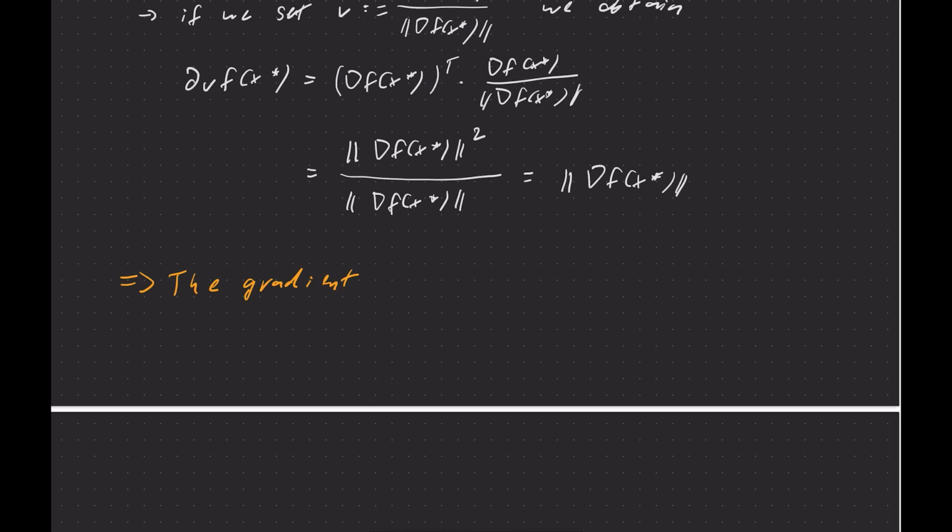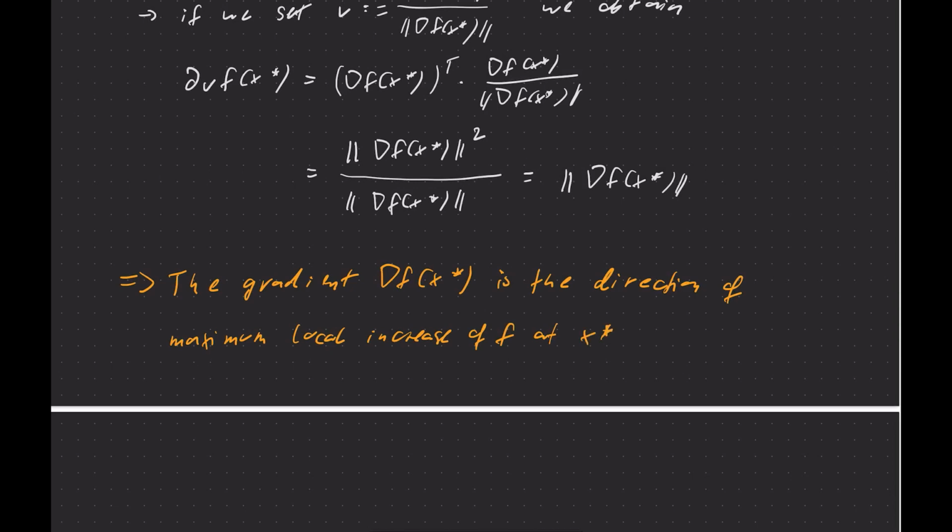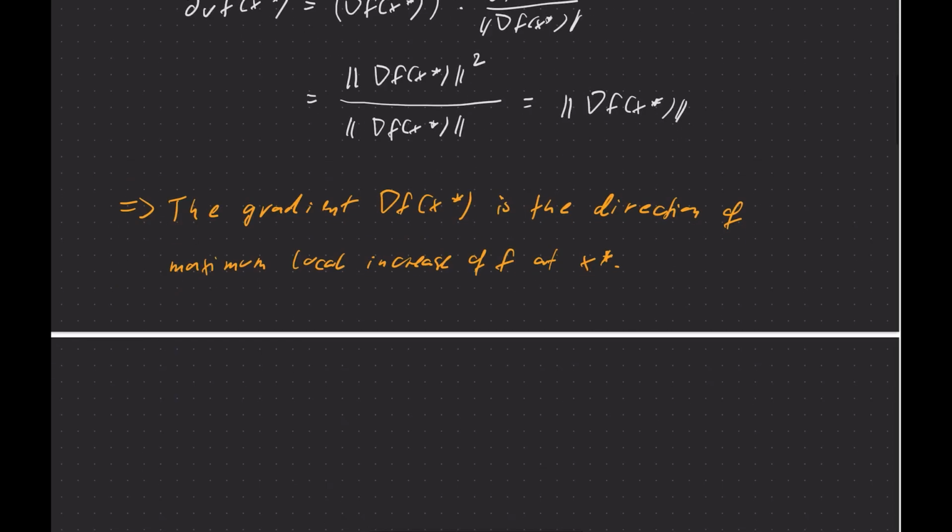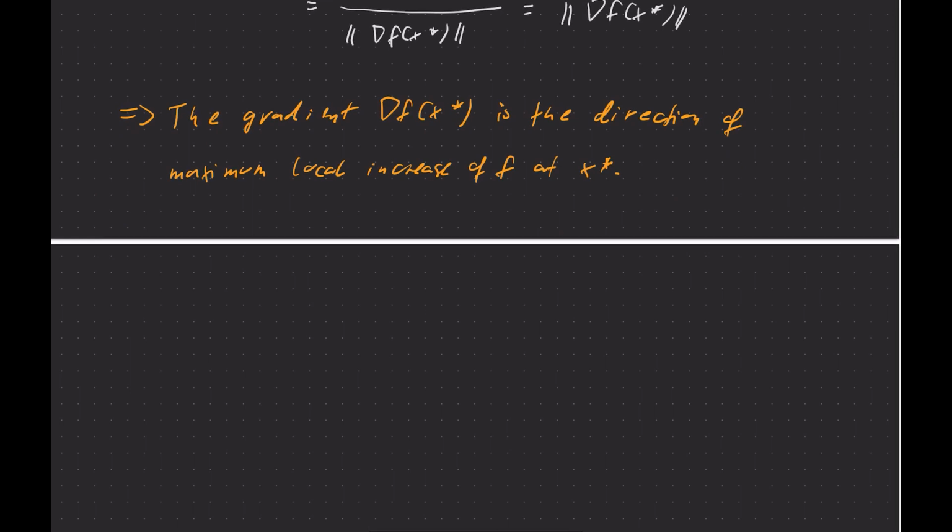So the gradient nabla f of x star is the direction of maximum local increase of f at the point x star. And of course, we can also turn this around and take the negative gradient, and then we have maximum local decrease.